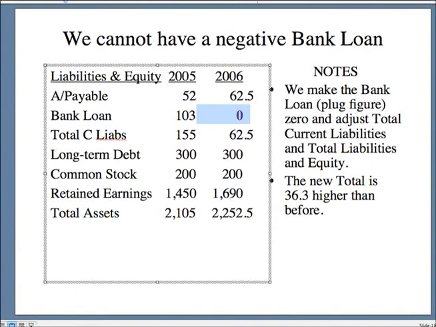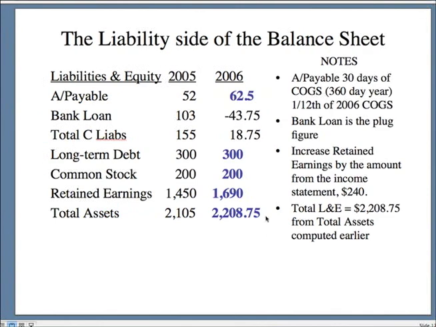readjust this, and now total liabilities and equity, which will become total assets, is now 2,252.5, up from 2,208.75.